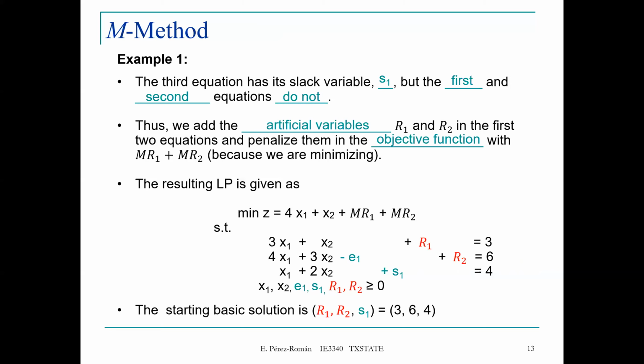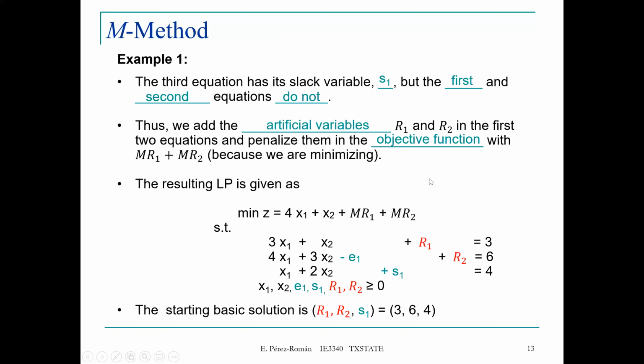So we are going to use positive values to increase the value of the objective function, which is going to force the artificial variable to go to 0. So the resulting LP is given as the minimization of Z equals 4x1 plus x2 plus MR1 plus MR2.